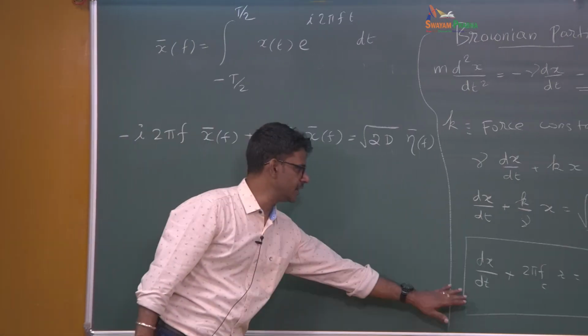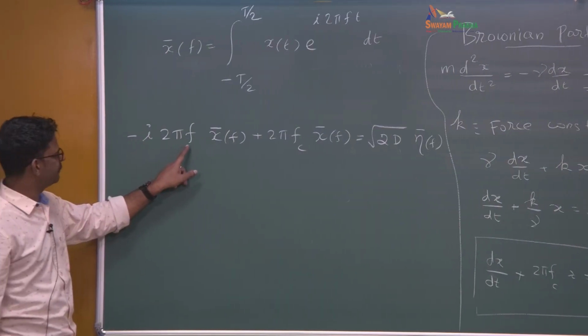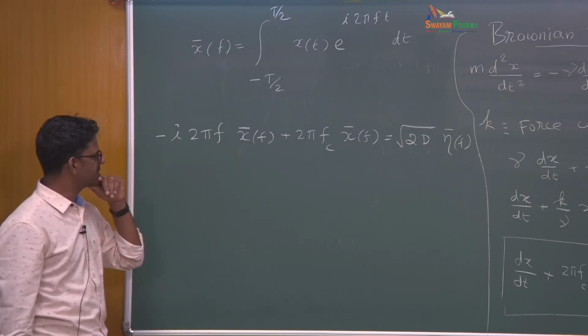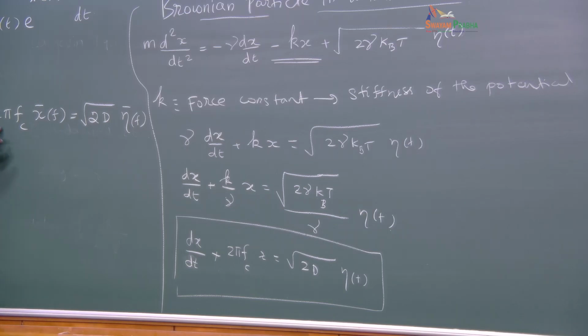When you take this differential equation and apply the Fourier transform, this differential term will become minus i 2 pi f x, and this term comes as this.